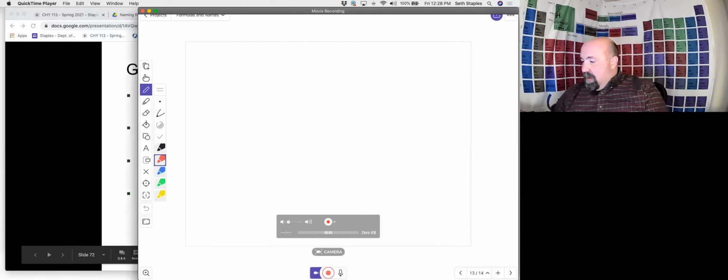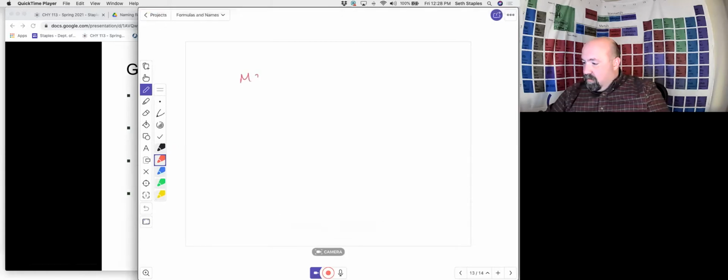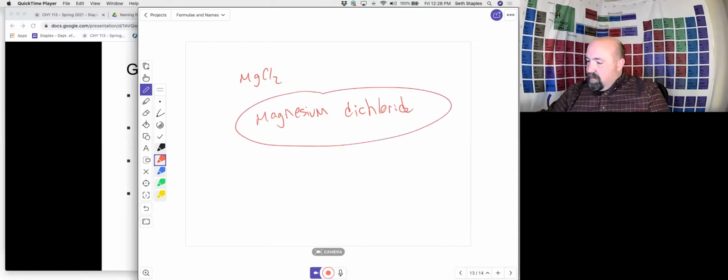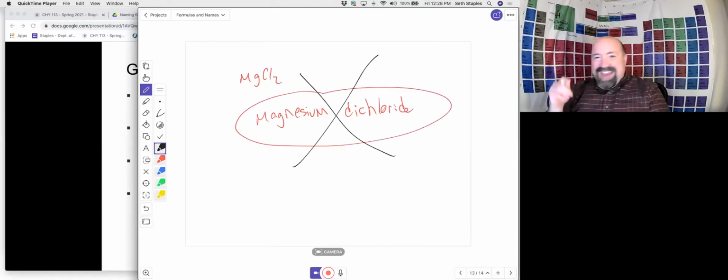And so if you have, like we looked at earlier, MgCl2, if you write magnesium dichloride, that is absolutely wrong every single time. Remember, the rules for naming compounds are very specific. And so if you add something in that you don't need, or if you're missing something you do need, the name is wrong. This would simply be magnesium chloride.